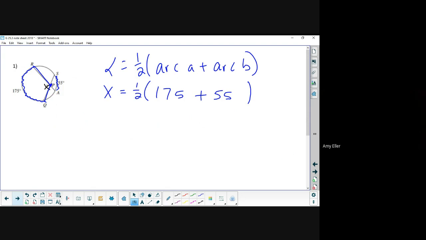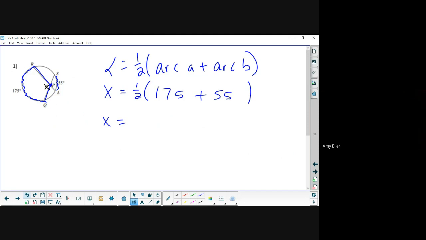Notice your variable is by itself. There is no solving. You have already solved. You have already found x. This is your answer. Do we leave our answer like that? No, but that's your answer. Sometimes we try to solve, do something to both sides, add on both sides, divide on both sides. If x is by itself, you're pretty much done. You have your answer. You just need to simplify it if possible. We're going to use a calculator to type it in.